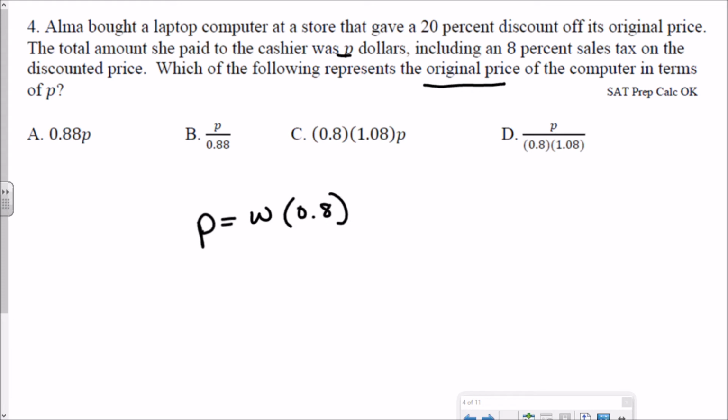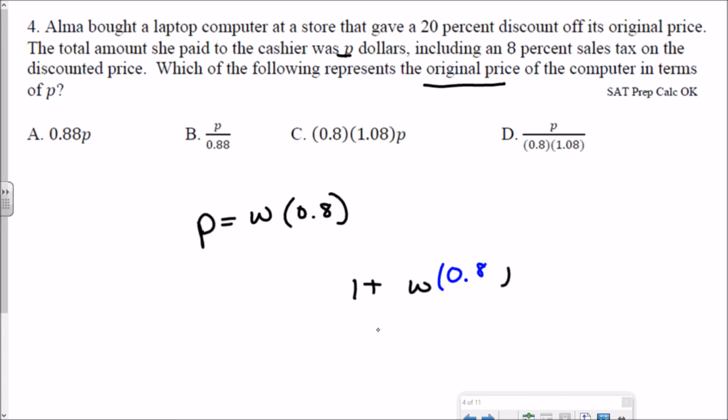But then after that discount, she then had to pay sales tax, which is 8%. So again, instead of saying 1 plus your original price times 1.0, oh, sorry, you don't want to say that, that's too complex.